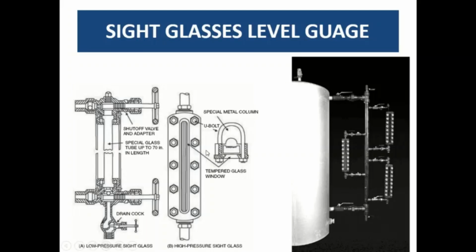This is the front view, this is the side view, and this is the top view. You can clearly see here, this is a very thick glass installed at this part of the level gauge. Then we have a special metallic column where the liquid is allowed to move upward in this direction, as there are 2 points which are interconnected with the vessel.